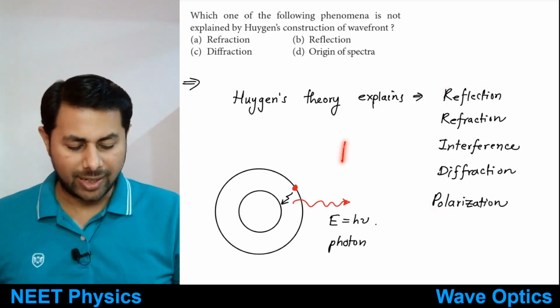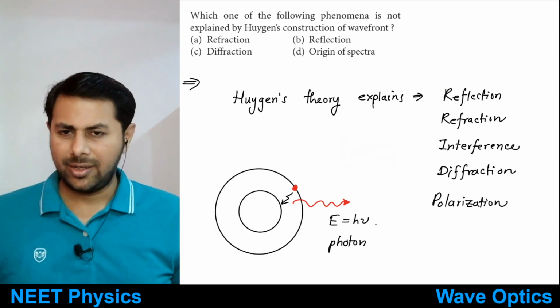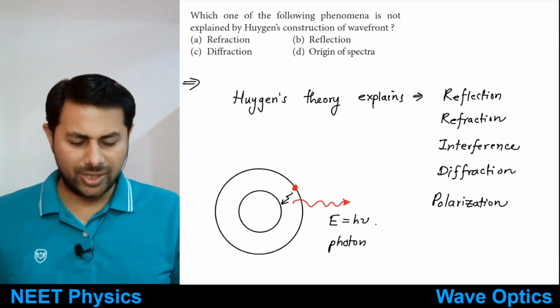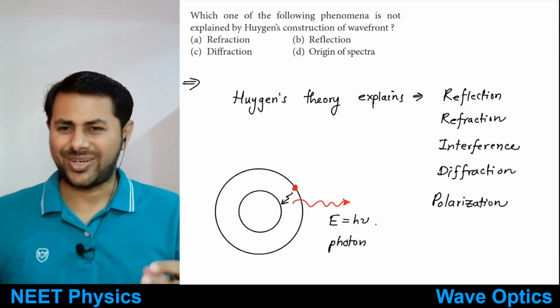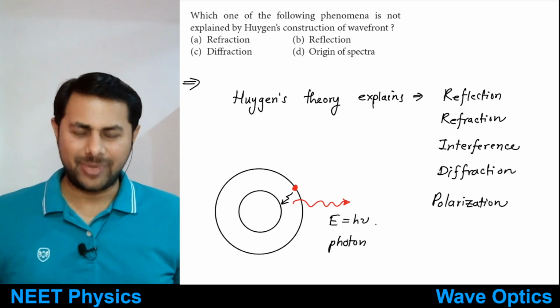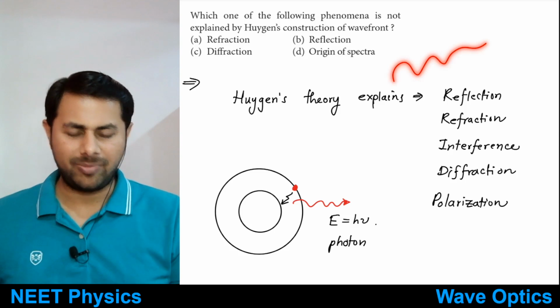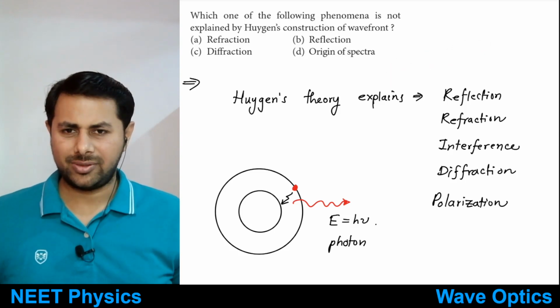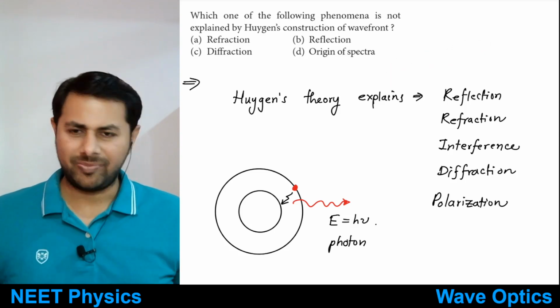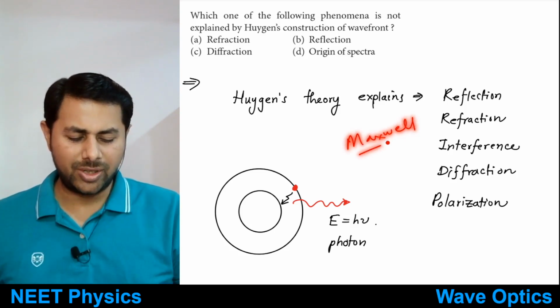Then came Michael Faraday. Okay, so we'll talk about Michael Faraday and Maxwell. So Michael Faraday did lots of experiments, and from those experiments he got a hint that light is made up of electromagnetic waves. So waves made up of electric field and magnetic field. Then came Maxwell and he proved it mathematically.